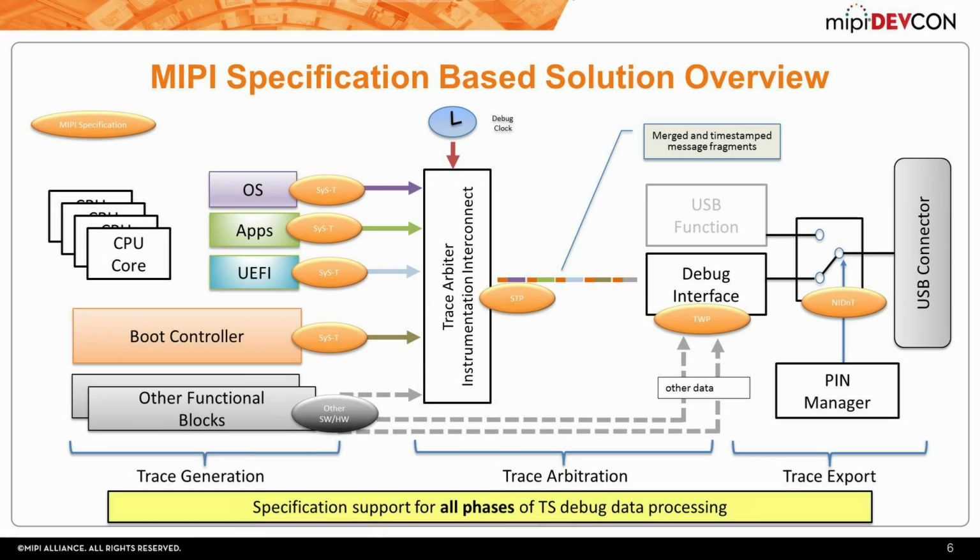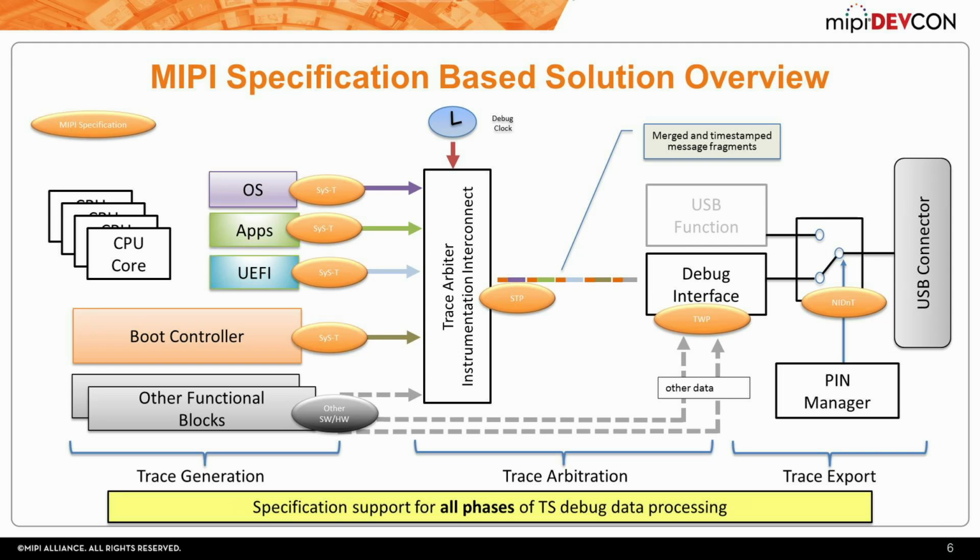So here you see a simplified block diagram of the target system. The orange bubbles represent the places where MIPI debug specifications come into play. On the left side, labeled trace generation, we have the IP blocks that create the sources.